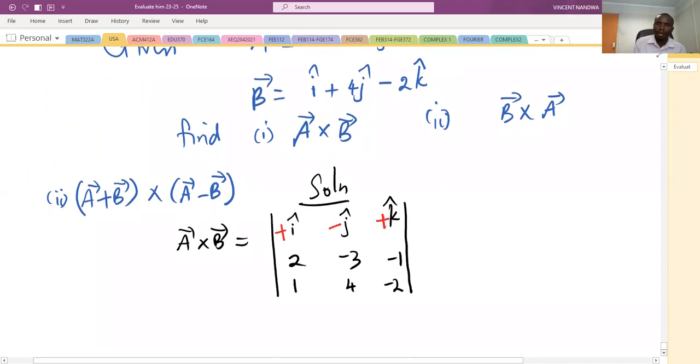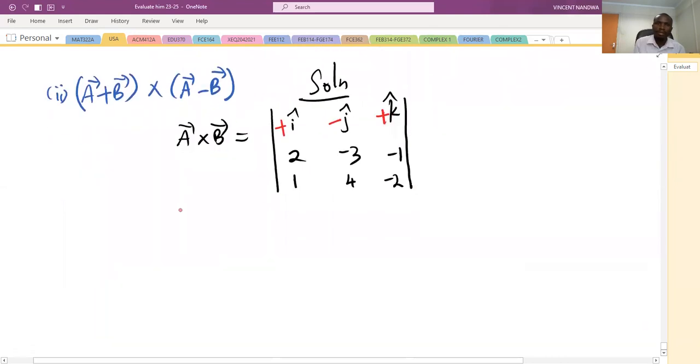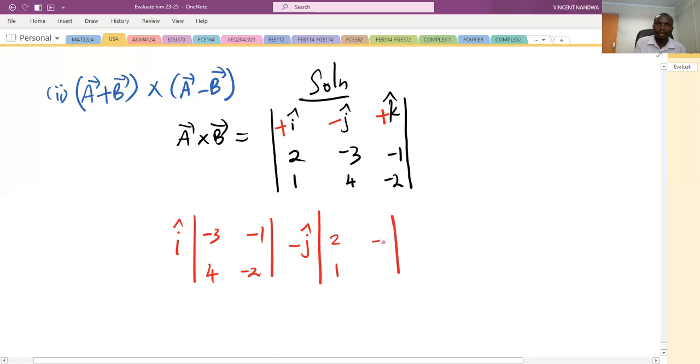So that's by cofactor expansion. So I'll have i, submatrix obtained by deleting this row, deleting this column: minus 3, minus 1, 4, minus 2. And this has a negative sign, so negative j. Delete this column, delete this row, so we'll have 2, 1, and then minus 1, minus 2, plus k. Delete this row, delete this column, so 2, minus 3, 1, 4.